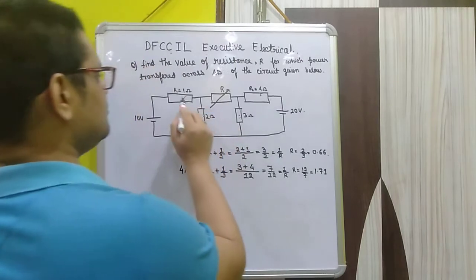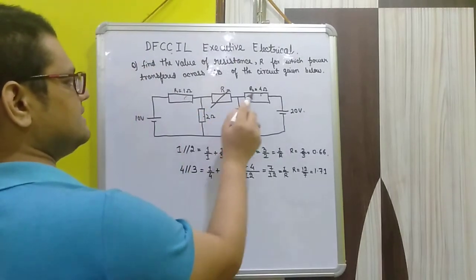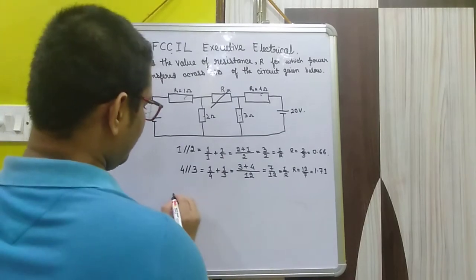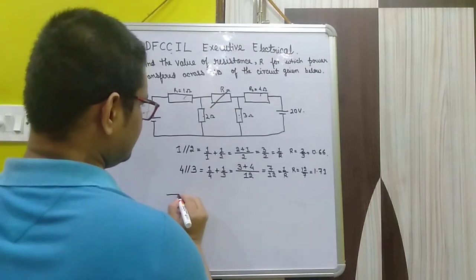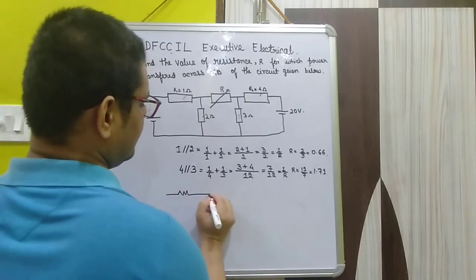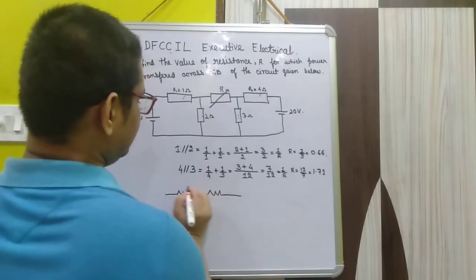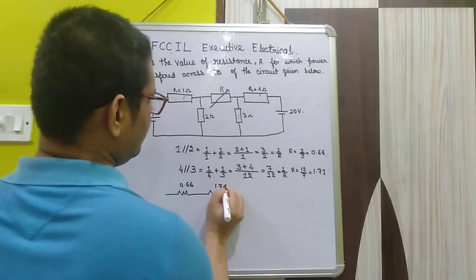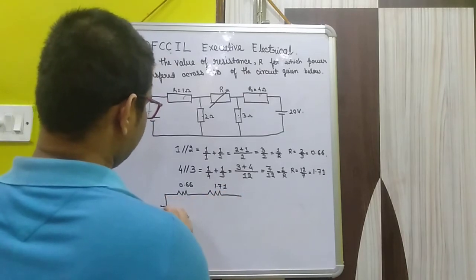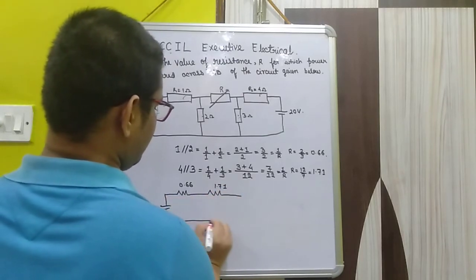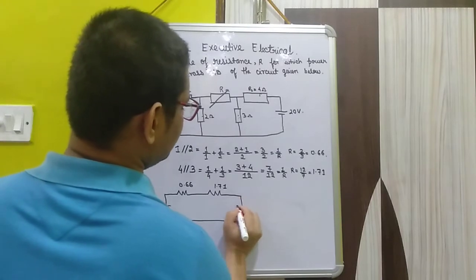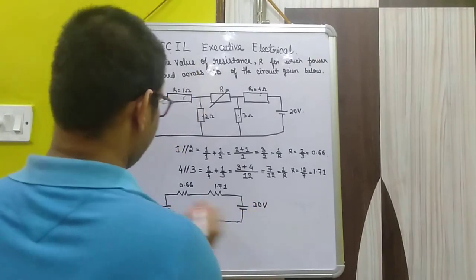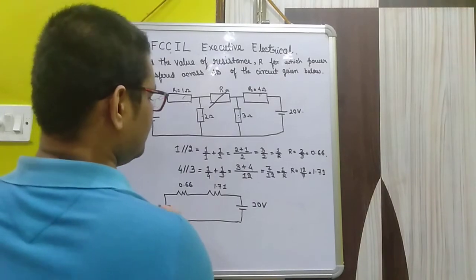So you have understood how we have taken these two resistances and these two resistances parallel to each other. Now I draw the equivalent circuit: these two are now in series, 0.66 and 1.71, with the two voltage sources, 20 volt and 10 volt.